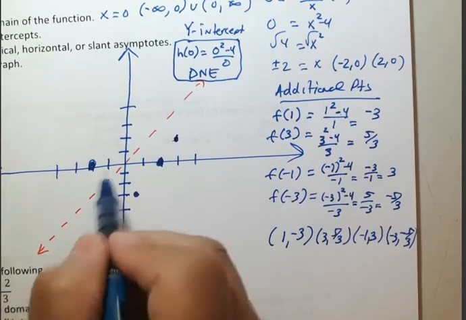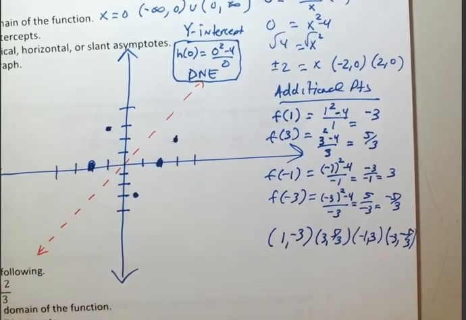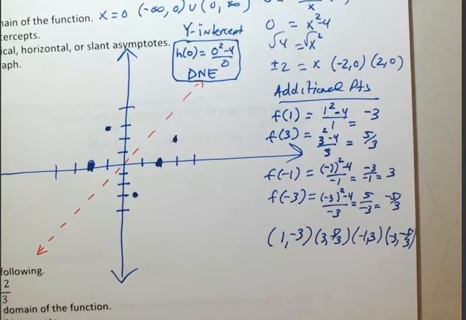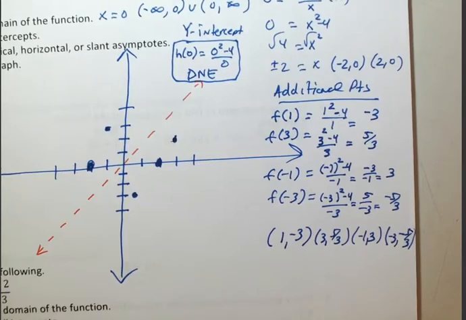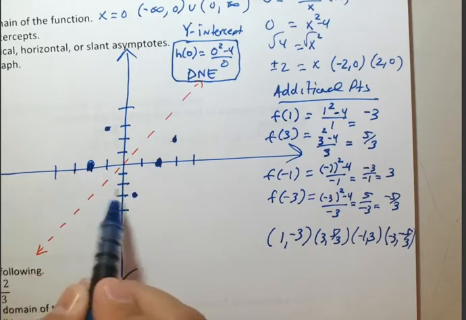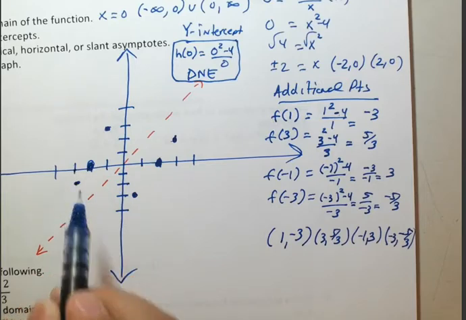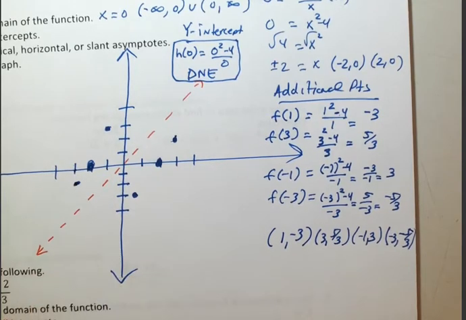And then -1 and +3. And then, what's the other one? -3 and 5/3. 5/3 would be like somewhere right here. Okay.